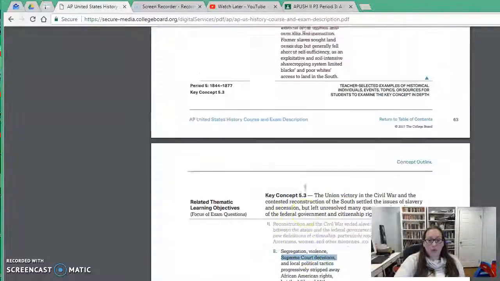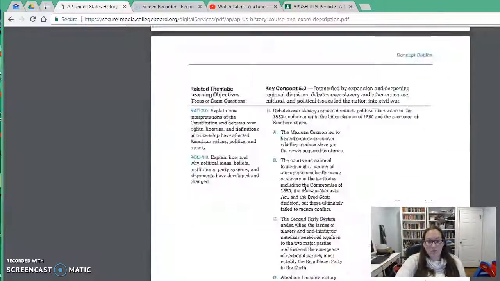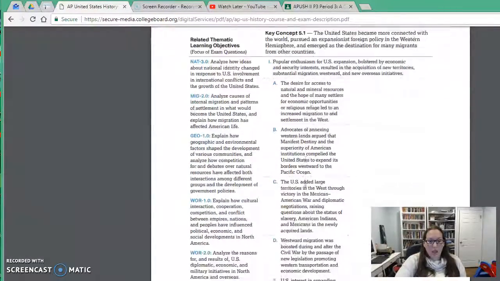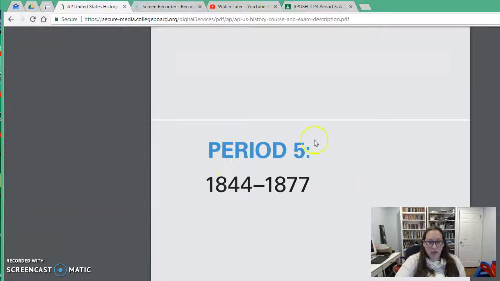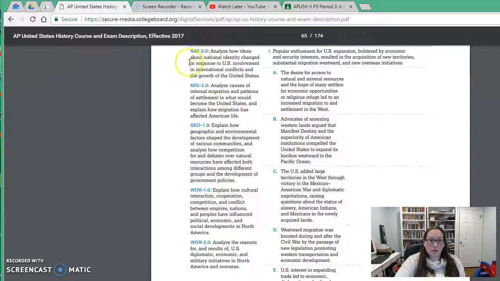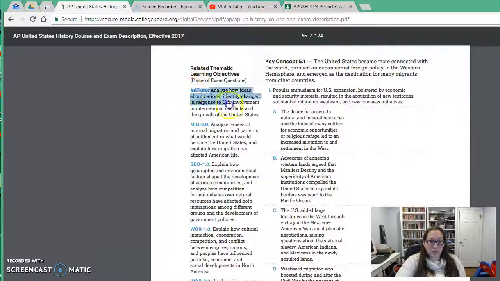Okay. If I were you and wanted to review stuff, you'll see a lot of these reiterated, but you could use the front page to make a timeline. You could also go through these thematic learning objectives, the focus of exam questions.